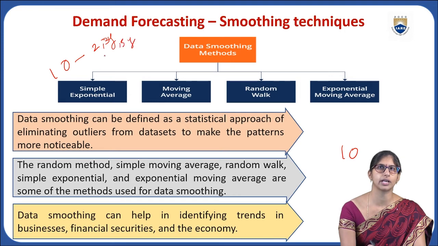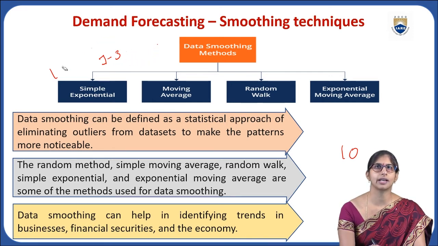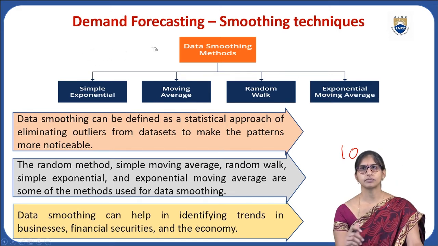With a 2-year average, we take the average of the first 2 years, and that becomes the third year's estimated demand. If we take a 5-year moving average, we take 5 years of data and average it, and that becomes the demand forecast for the 6th year. So we estimate the demand like that using the historical data. That is what the moving average is.